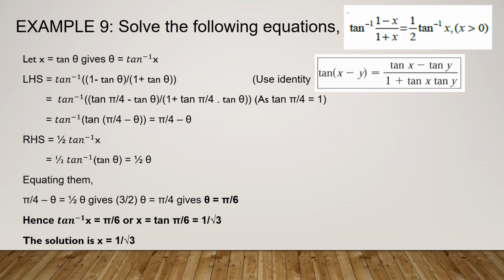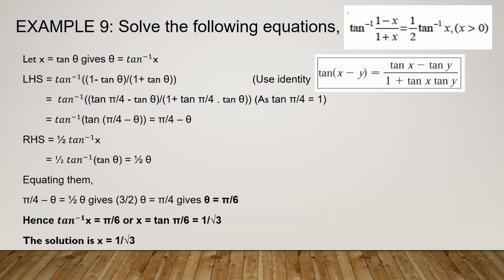Example 9. Solve the given equation: tan inverse of 1 minus x upon 1 plus x is equal to half tan inverse of x. Here again, looking at the example, take x is equal to tan theta. So obviously your theta is tan inverse of x. Now left hand side, tan inverse of 1 minus, instead of x put tan theta, so 1 minus tan theta upon 1 plus tan theta.